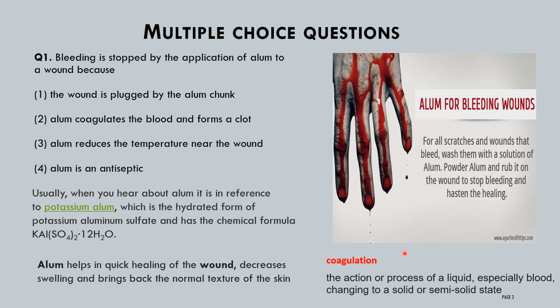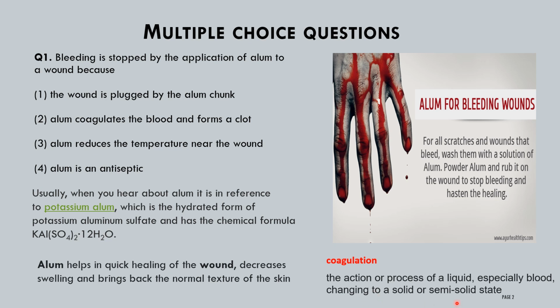Let us listen here. When you apply alum to a particular wound, it will start coagulation. What is meant by coagulation? The action or process of a liquid, especially blood, changing to a solid or semi-solid.